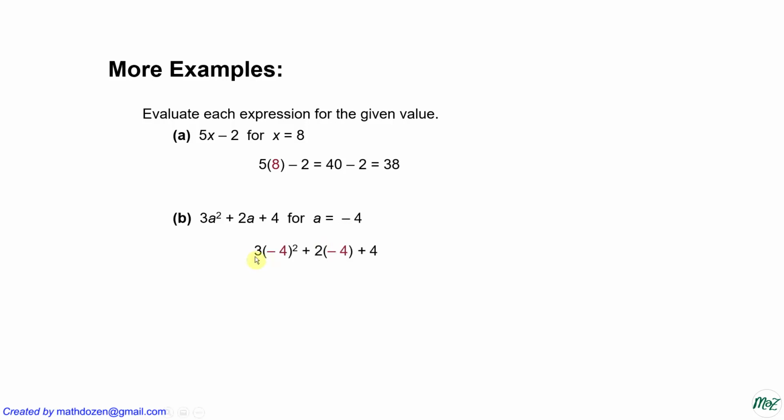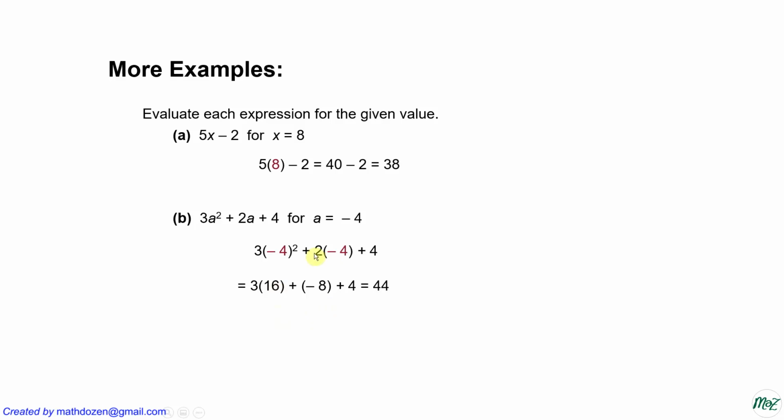Anyways, we have 3 times (-4) all squared. So as you can see, we use parentheses to help us out and tell us that we have -4 completely squared. And then 2 times (-4), again with parentheses because minus is affecting whatever we do in the example. Now, if we follow order of operations, we have to apply power first, so that makes (-4) squared, -4 times -4, so that's 16.